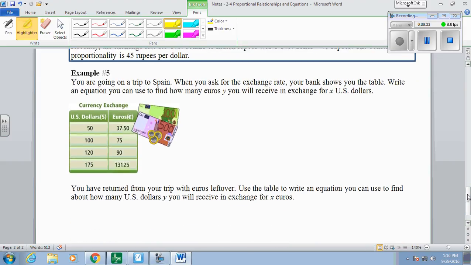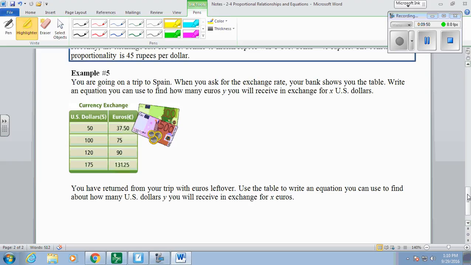So number 5 says you're going on a trip to Spain. When you ask for the exchange rate, your bank shows you the table. Write an equation you can use to find how many euros, Y, you will receive in exchange for X US dollars.